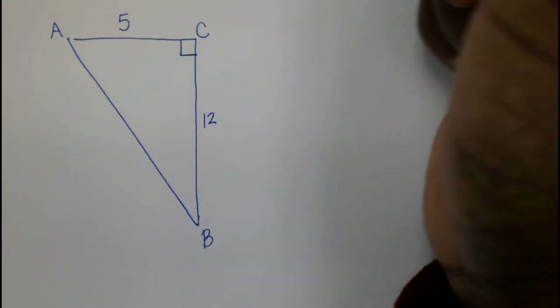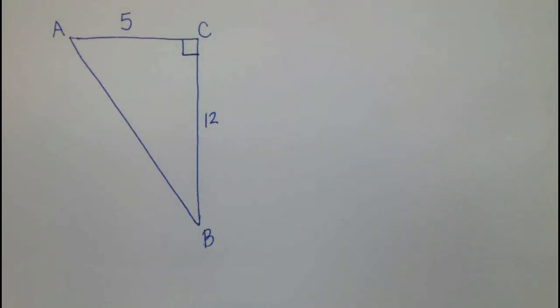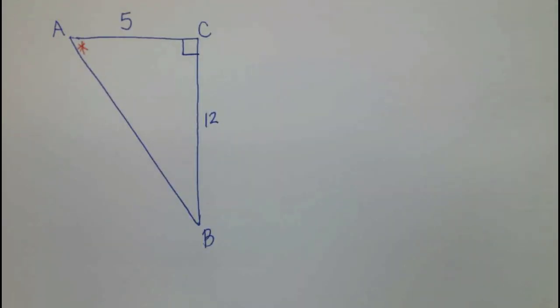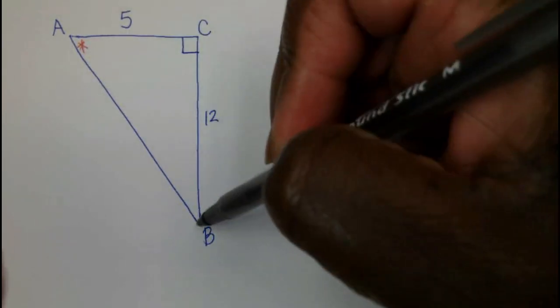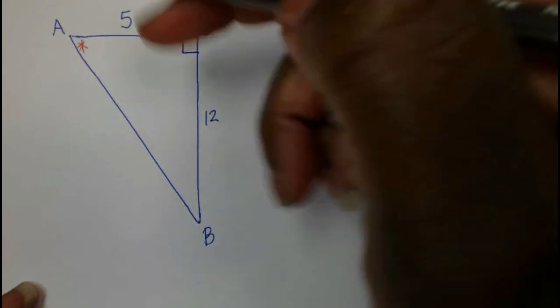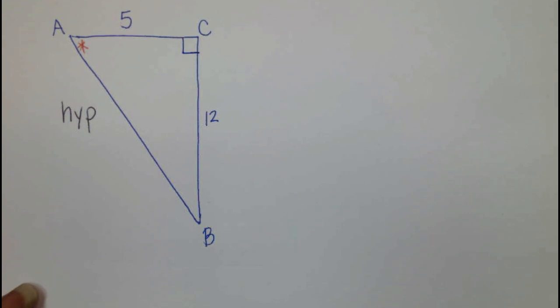Remember, we normally go off of angle A. So based on angle A, what is our missing side? So this is our angle. Let me label my sides. I can see my slant. There's my slant. It's going sideways. That's missing. So my hypotenuse is missing.